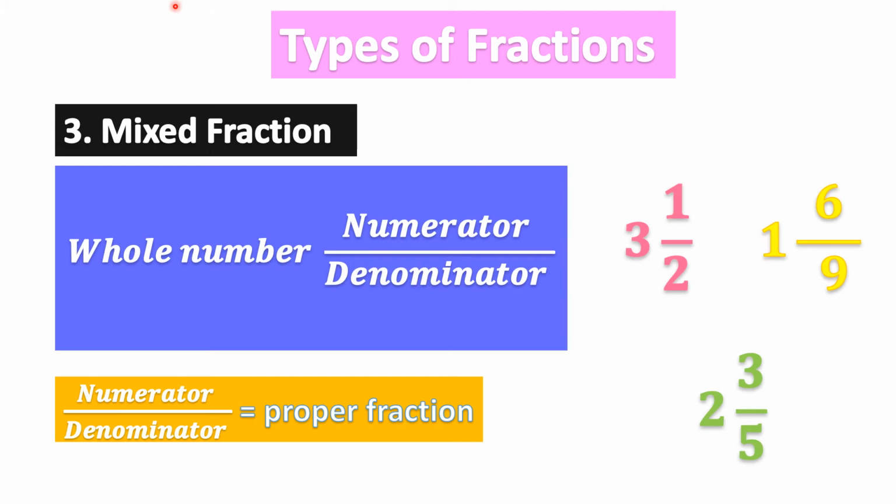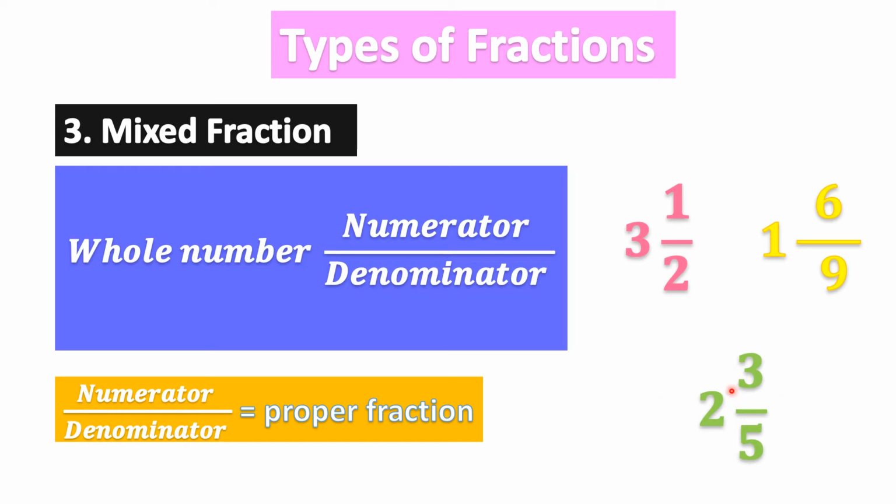Now let's look at another example. The next example is 1, 6 by 9. So 1 is a whole number, 6 by 9 is a fraction. What type of fraction? Proper fraction. So there's a whole number, a numerator, and a denominator. So 1, 6 by 9 is also a mixed fraction, right? Now another mixed fraction, 2, 3 by 5.